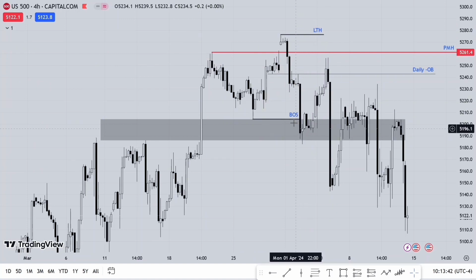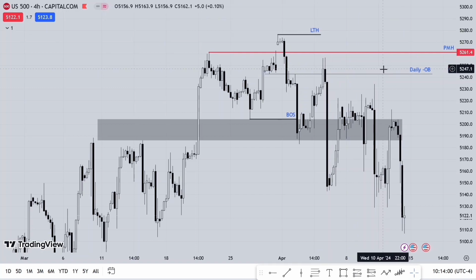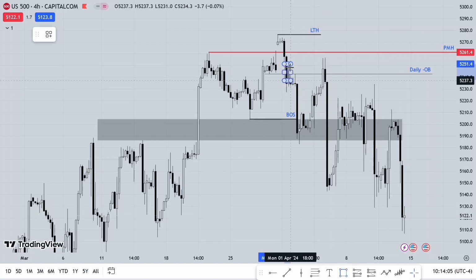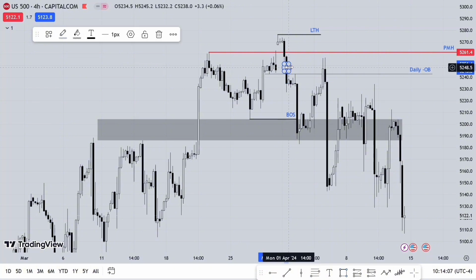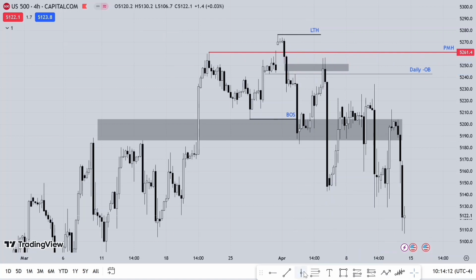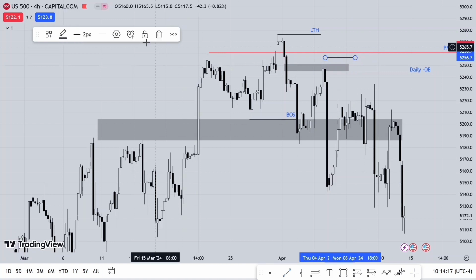Every rally after the long-term high has been established is seen as a rally to rebalance an imbalance, and that is seen as an intermediate term high. So price moved up to balance this imbalance here, which makes this an intermediate term high.